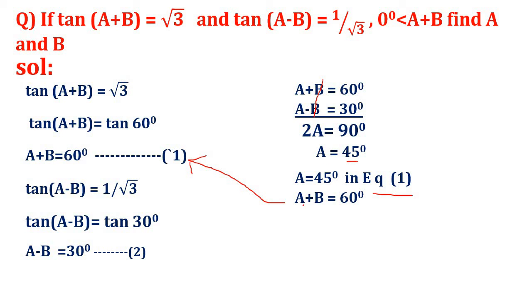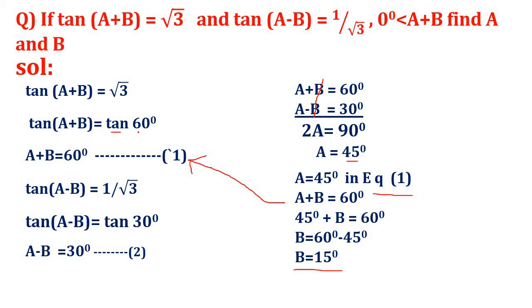Now substitute the value of A. Angle A is equal to 45 degree plus B is equal to 60. Therefore B is equal to 60 minus 45 degree. Therefore B is equal to 15 degree. So this is how we can calculate the angles. Angle A is equal to 45 degree, angle B is equal to 15 degree.